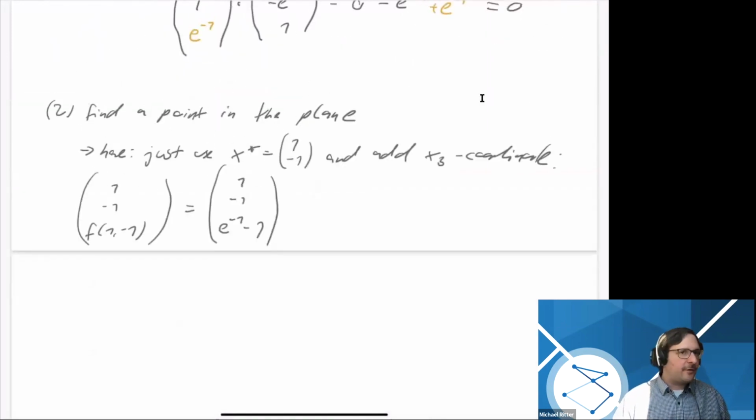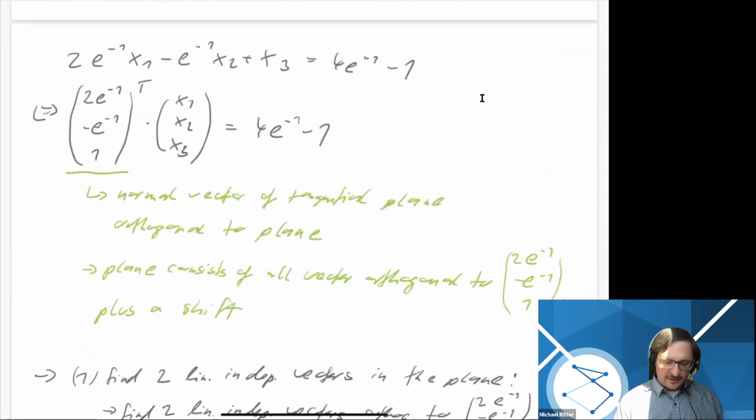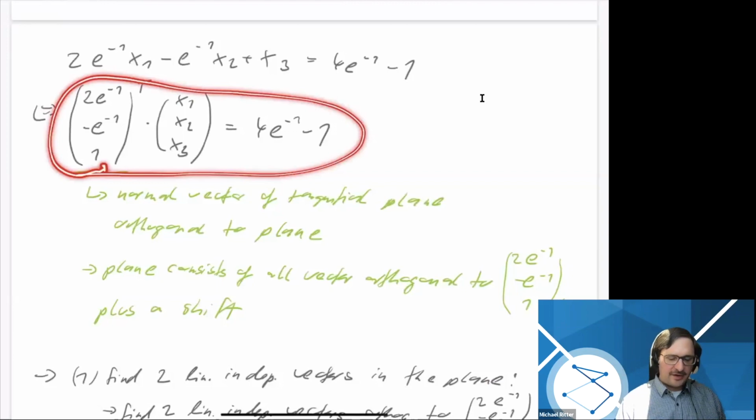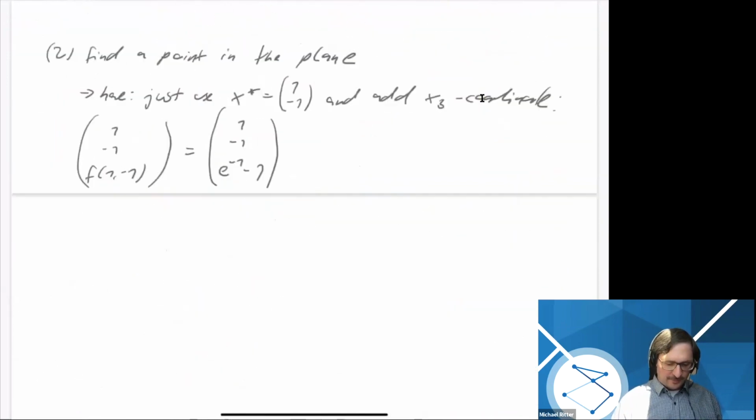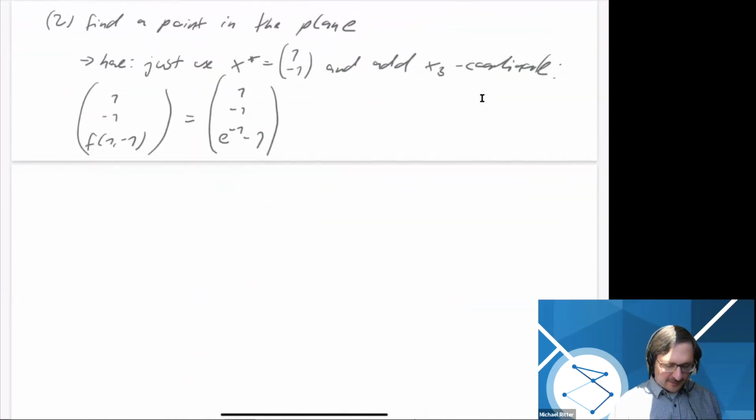And again, if you don't like it, just compute something else. Just have a look at this equation here and find any combination of x1, x2, x3 that fulfills this equation, and you've got your point. Any point's good. Okay, and what we get from this one is the parameter form of that tangential plane.